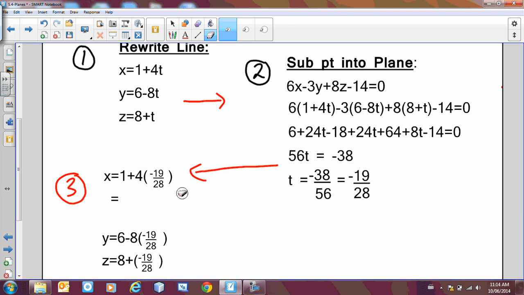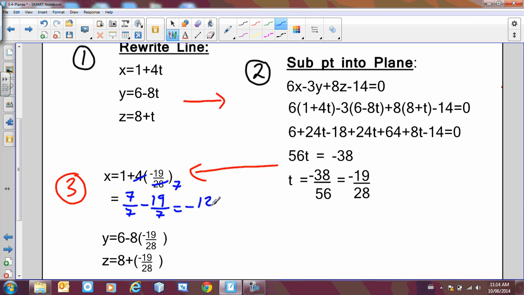And so if I go to solve this, I can simplify a little bit here. And so I have negative 19/7 and 1, which is 7/7, plus negative 19/7, or minus 19/7, will be negative 12/7 for x.